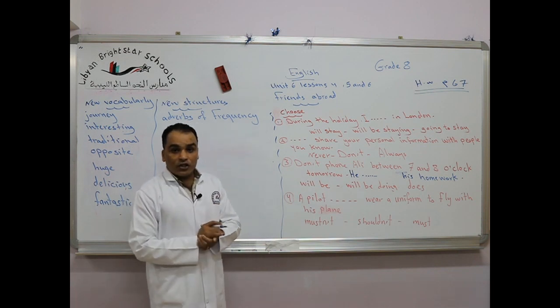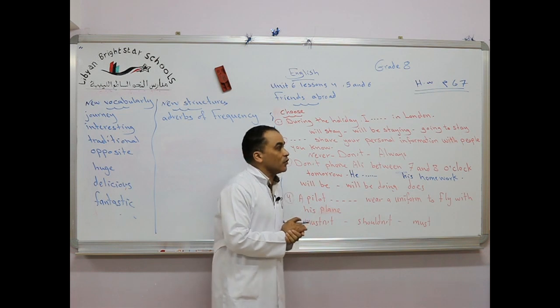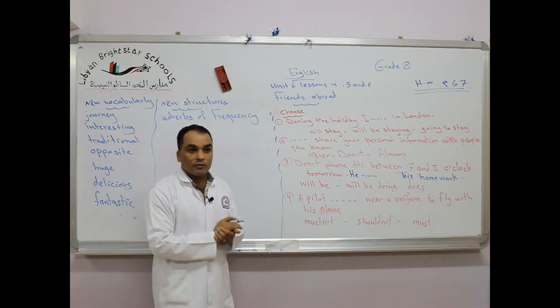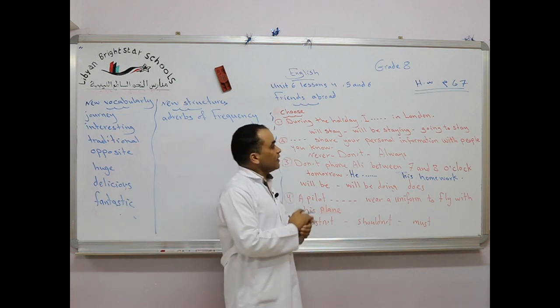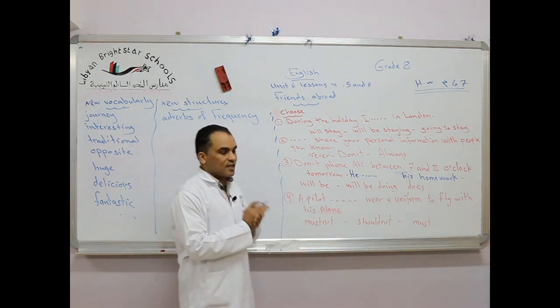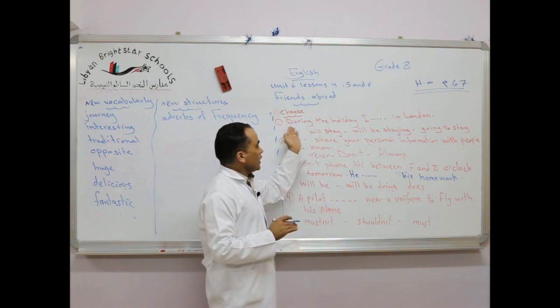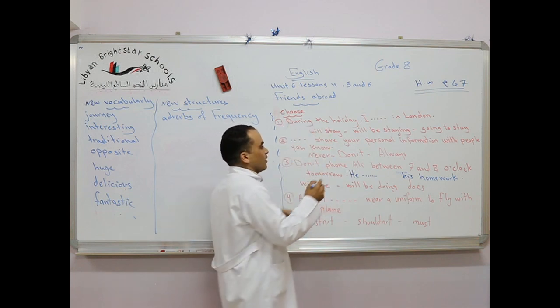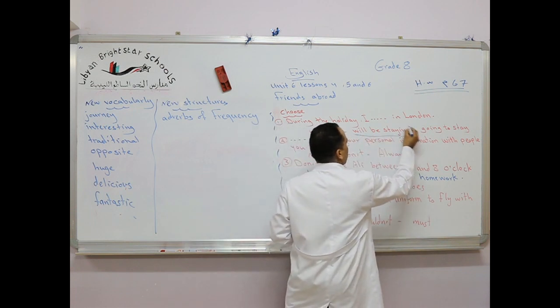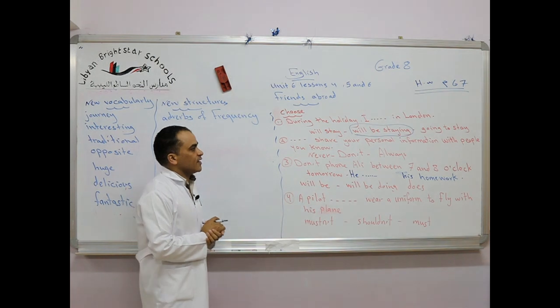We use the future continuous to talk about an action that will be in progress in the future, at a specific time in the future. During the holiday, this is a specific time. The correct answer is will be staying.